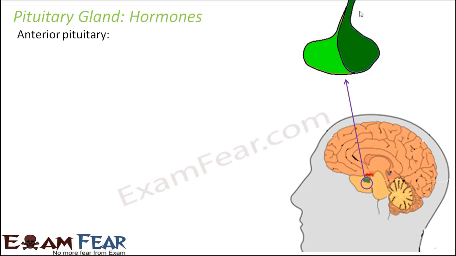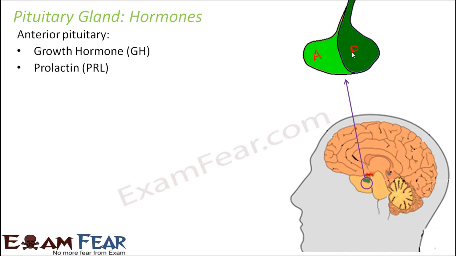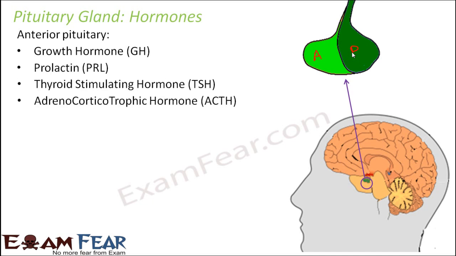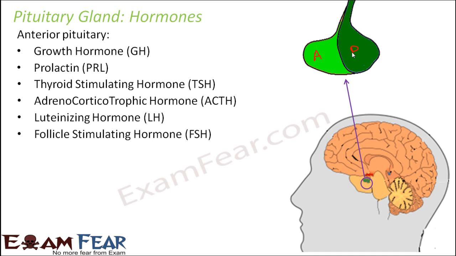So let us see what hormones are secreted by the anterior pituitary. This is the anterior pituitary and this is the posterior pituitary. The anterior pituitary secretes growth hormone, prolactin, thyroid stimulating hormone, adrenocorticotropic hormone, luteinizing hormone, follicle stimulating hormone, FSH, and melanocyte stimulating hormone, MSH.